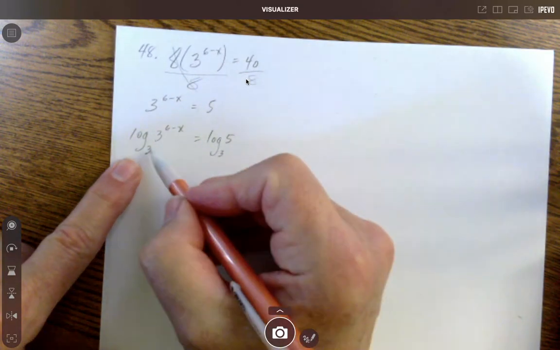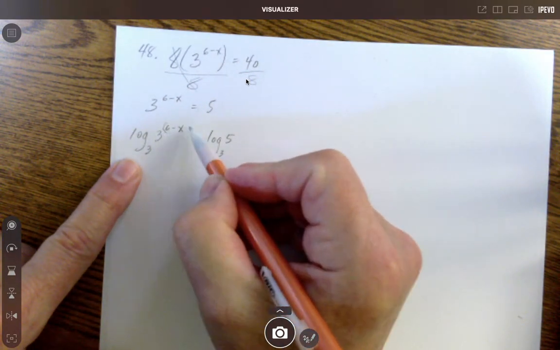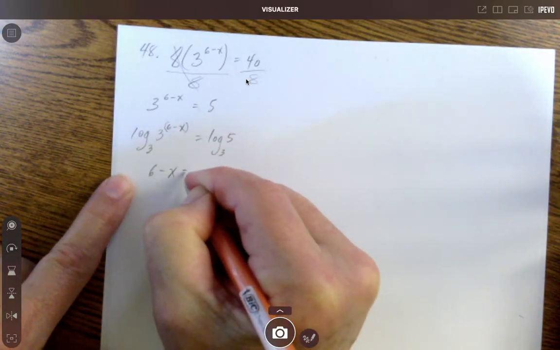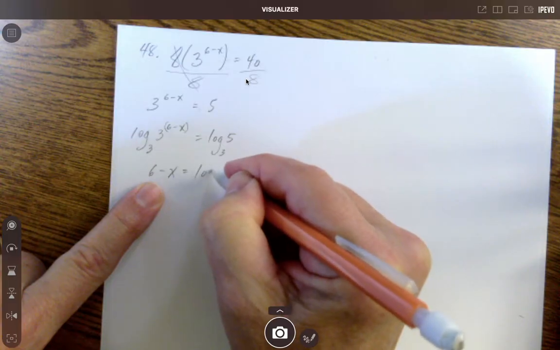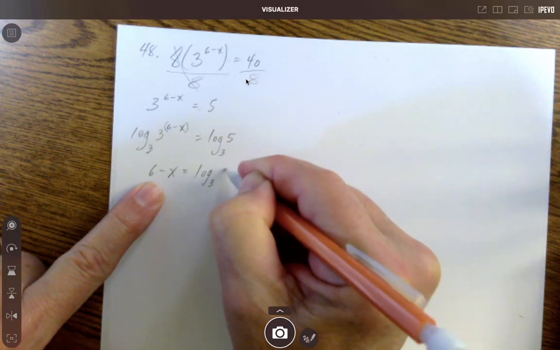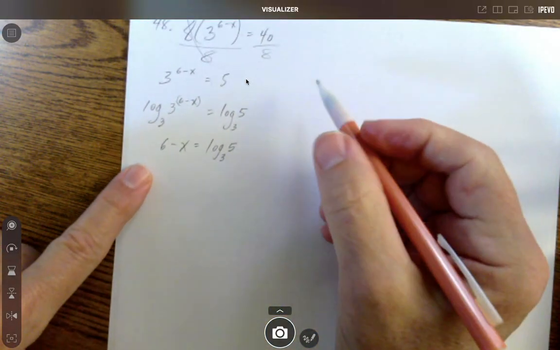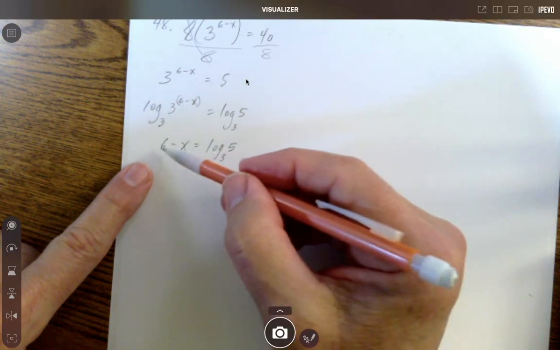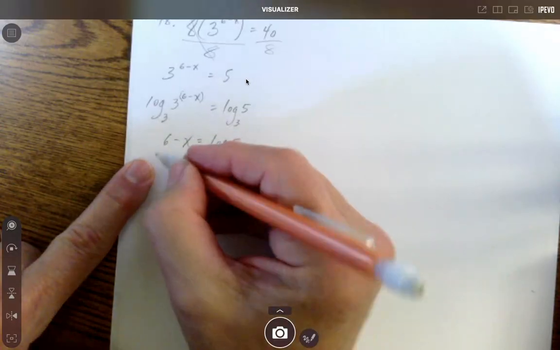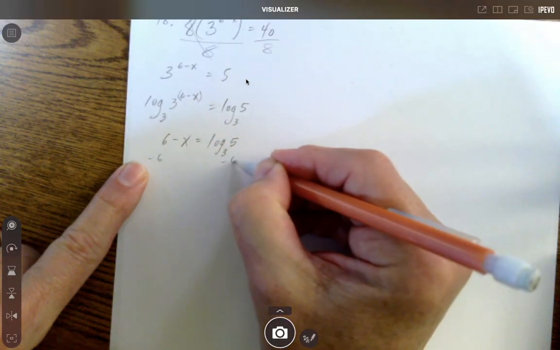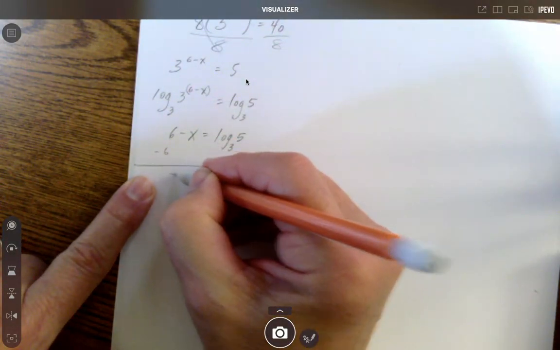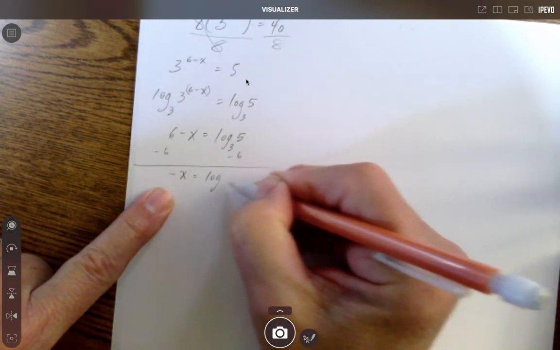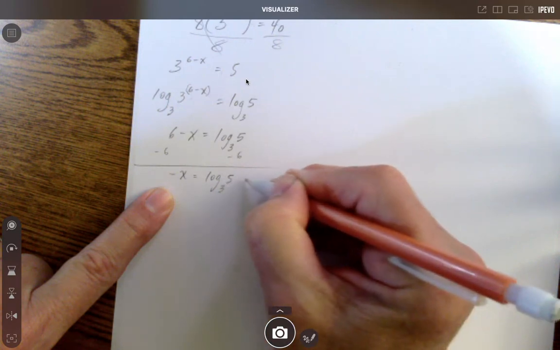All right, now all these cancel, and this just simplifies to 6 minus x. And now I'm going to subtract 6 from both sides. So that's negative x equals log base 3 of 5 minus 6.